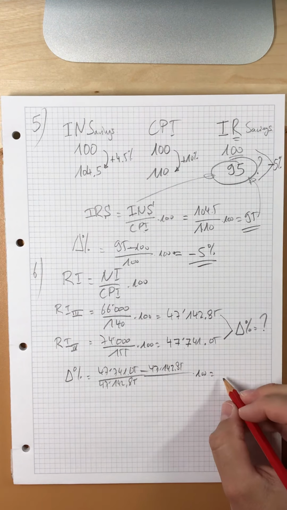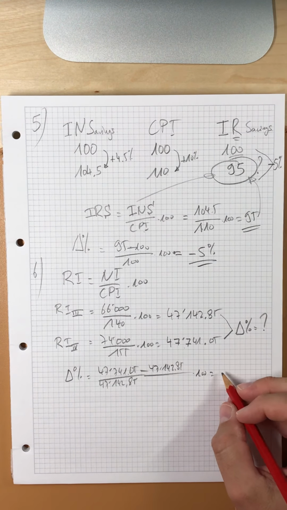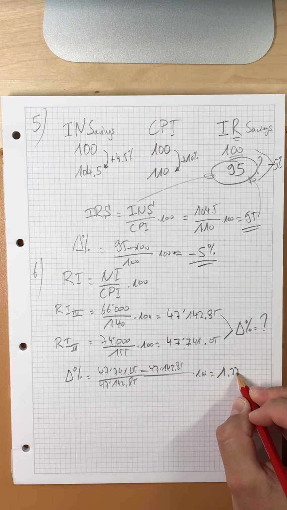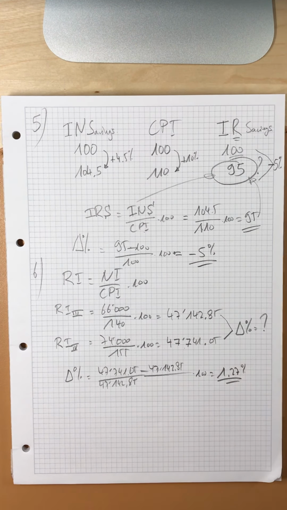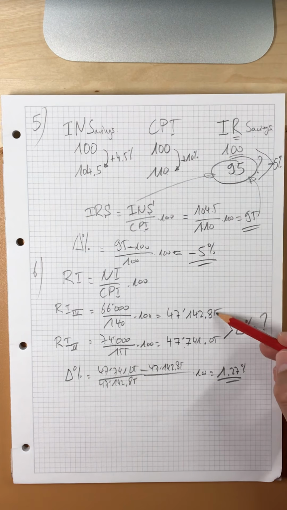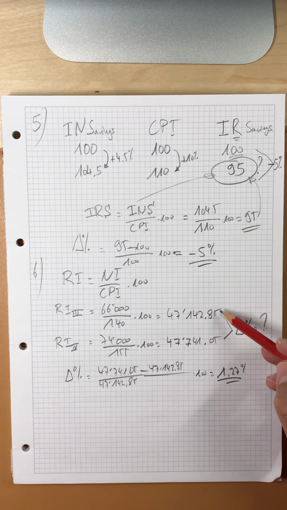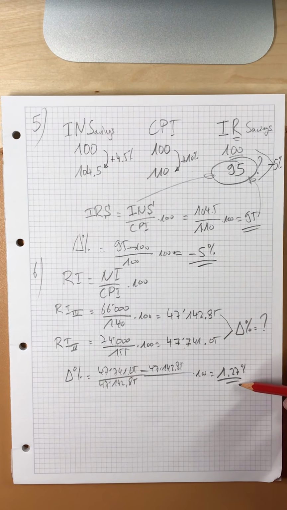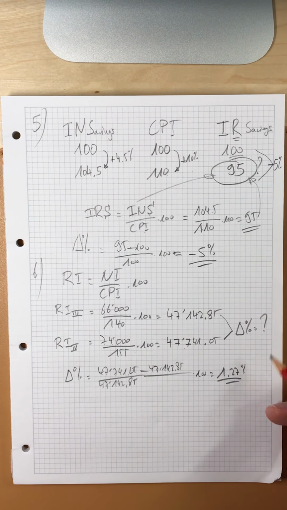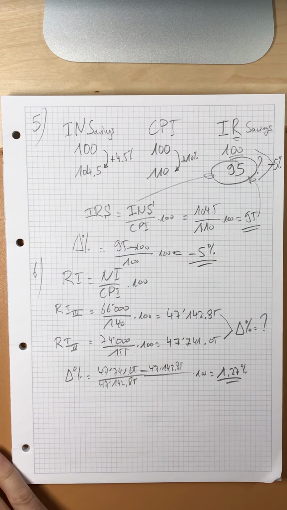Always the same formula, and you will find 1.72%. So you have a small increase of your purchasing power, which is quite good. So you have an increase of your real salary.